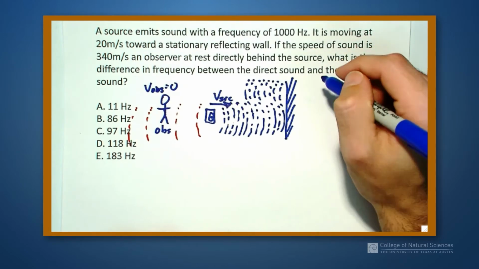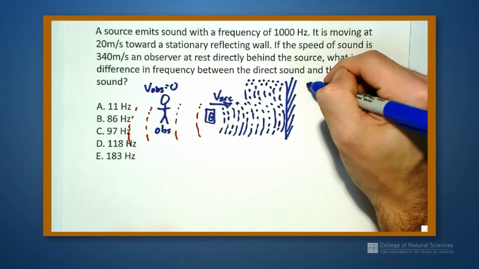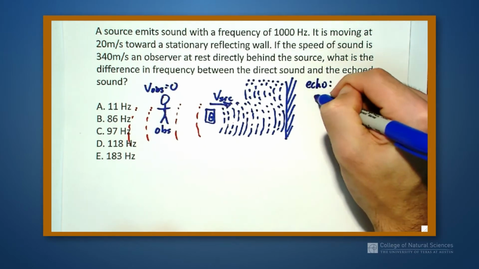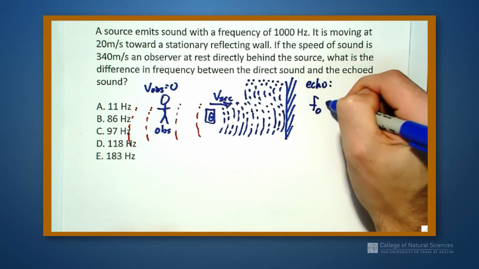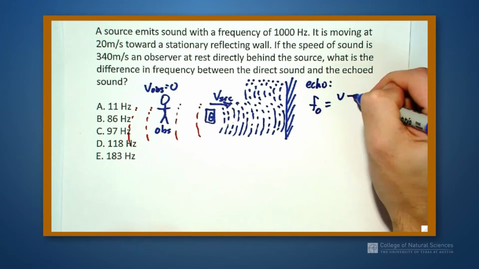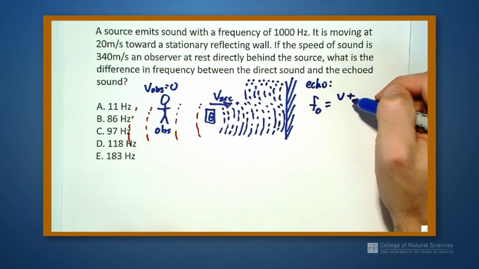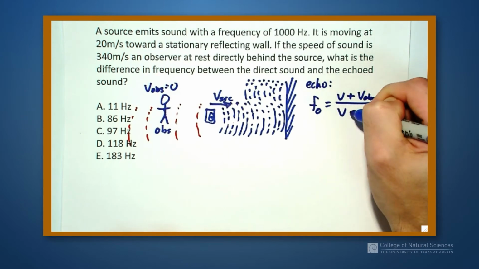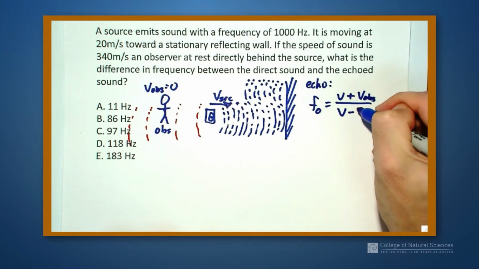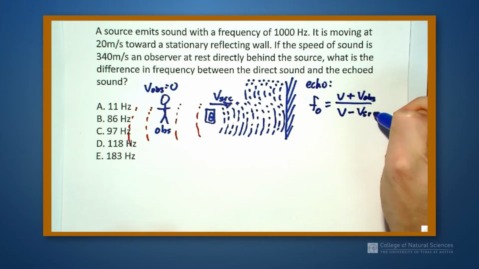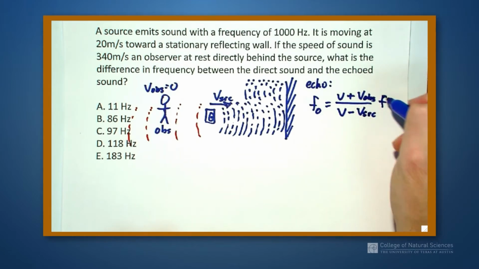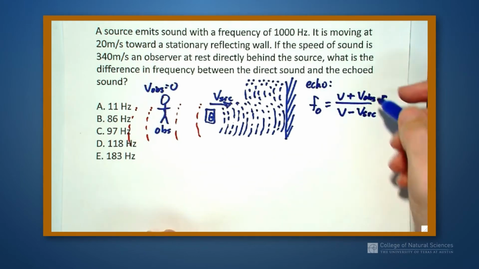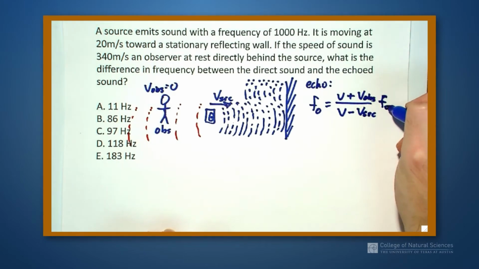So for the reflected sound, the echo, the frequency observed is going to be the velocity of sound plus or minus the velocity of the observer, divided by the velocity of sound minus the velocity of the source, times the original source frequency.